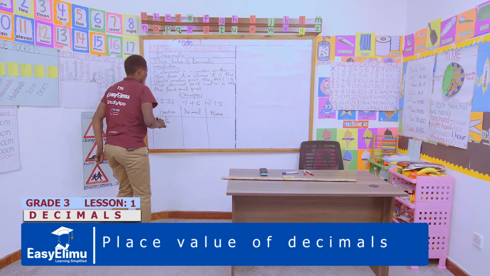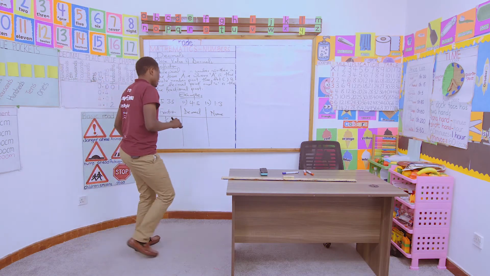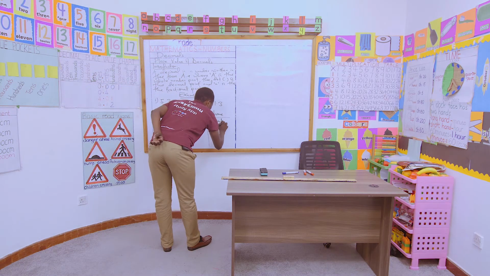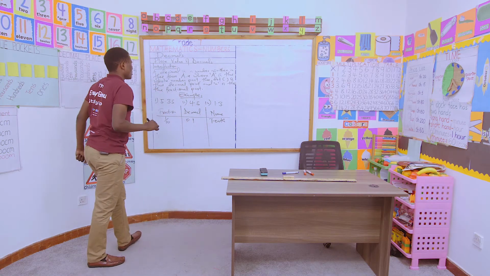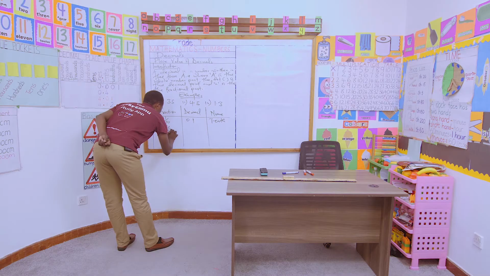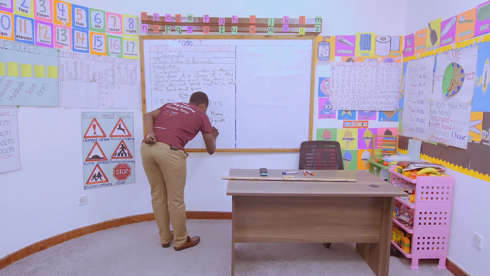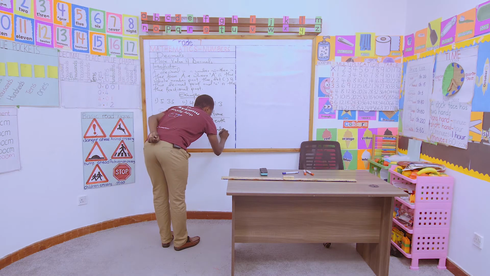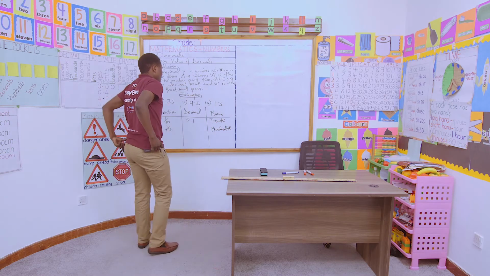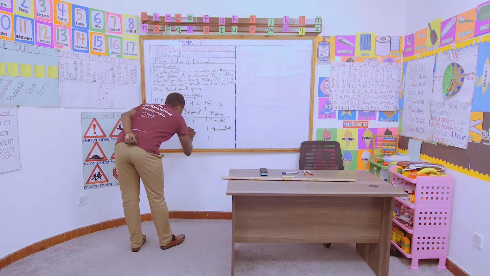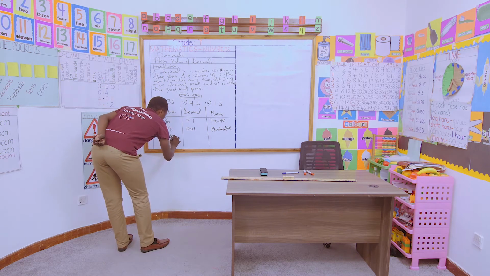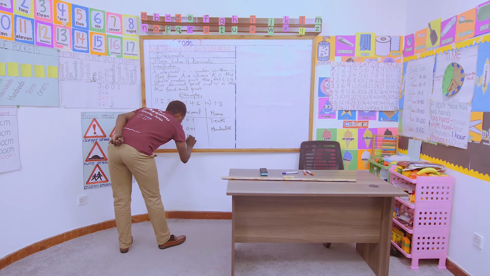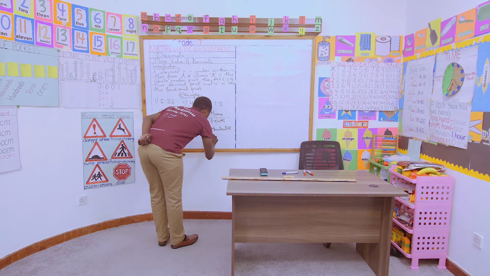If you want 1 over 10, you call it a tenth, and in decimal notation it is written as 0.1. 1 over 100 is called a hundredth, and in decimal notation is written as 0.01. 1 over 1,000 in decimal notation is 0.001, referred to as a thousandth.